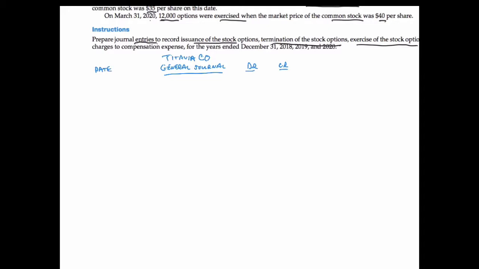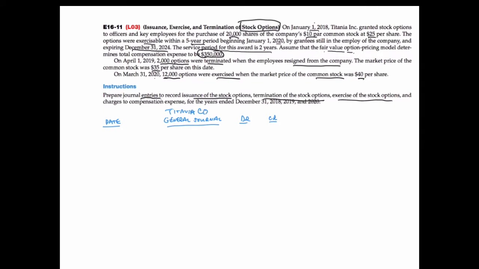And we're going to record this in black, and it's January 1, 2018 when we do this first thing. We granted the stock options. So January 1, memo. We're going to record this memo on that day.